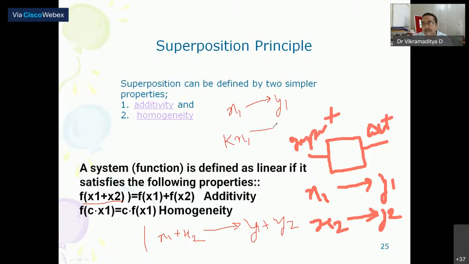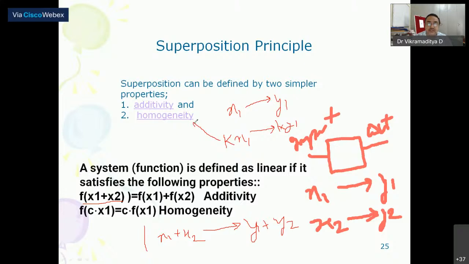And if I am getting an output equal to k y1, to understand in terms of a resistor, I have applied a voltage V and getting a current I. Now I am increasing the voltage by k times, that is kV, and if I am getting the current kI, then I say that my system is obeying the principle of homogeneity.